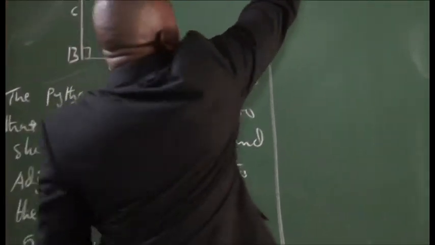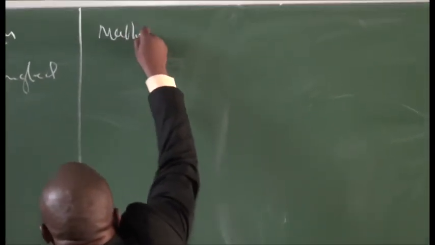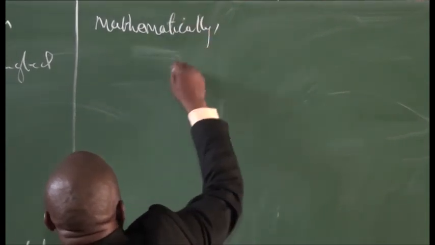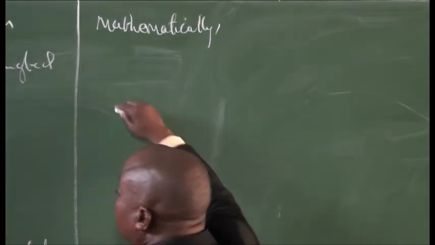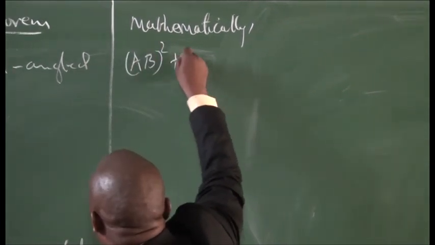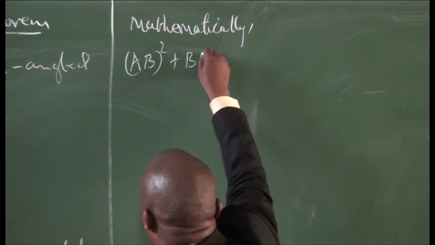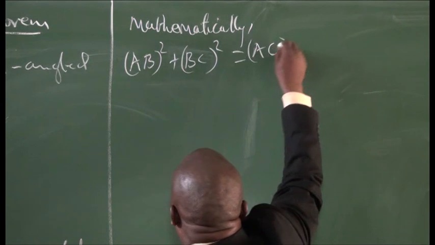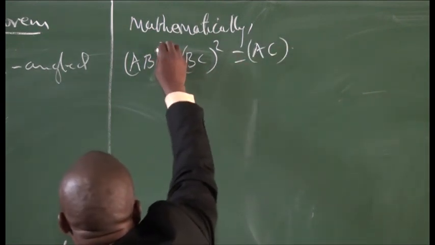So mathematically, you can write this as AB squared plus BC squared is equal to AC squared. Okay.